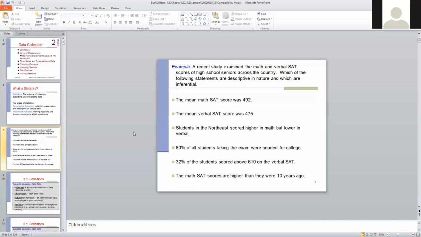But if we can draw conclusions about a particular population, so for example, what we believe is that 8% of all students taking the exam will be headed for college, or 32% of the students scored above 610 on the SAT, and as a result, then we start to draw some conclusions and some inferences from the data.